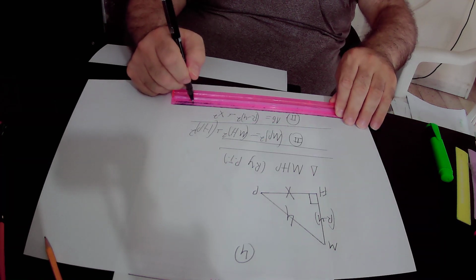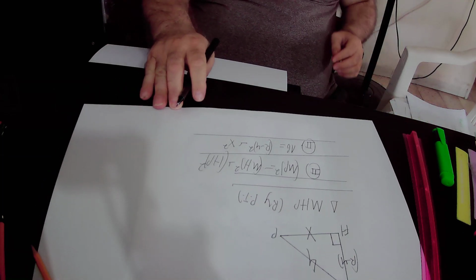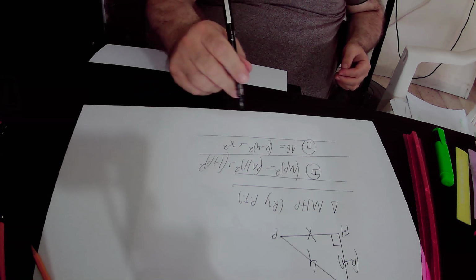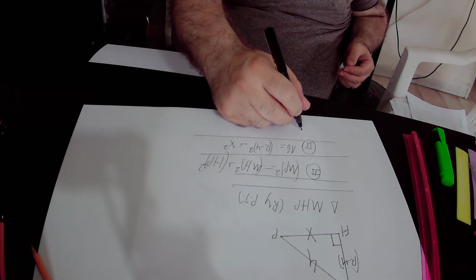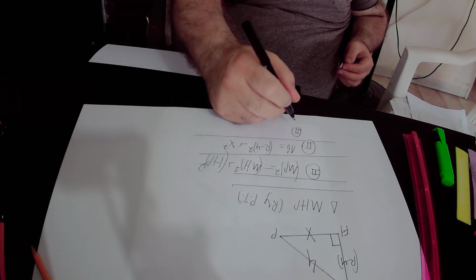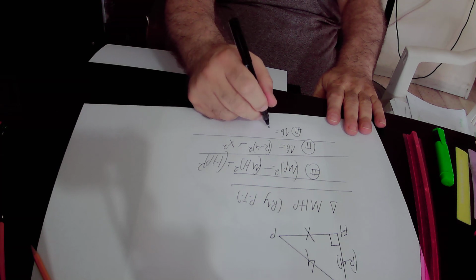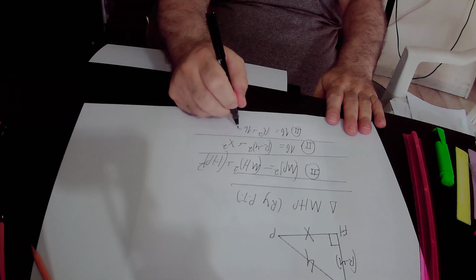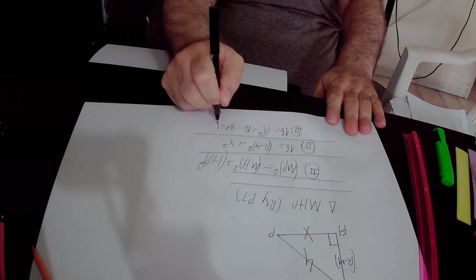So in conclusion, according to equation number 2, 16 equals R minus 4 squared plus X squared. Here we'll open the brackets on this side of equation number 2, and we'll get that 16 equals R squared plus 4 squared, that is 16, minus 2 times R times 4, that is minus 8R, plus X squared.